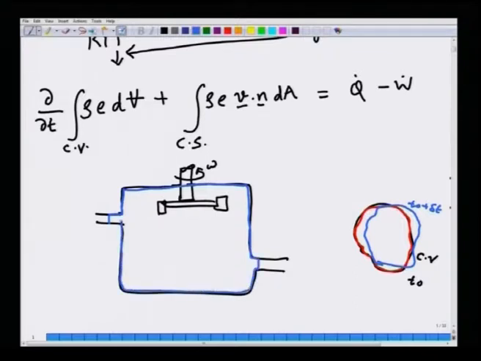We want to write the balance about this control volume, and understand what the work interactions are. Now, there are three types of areas, as we said in the last lecture.